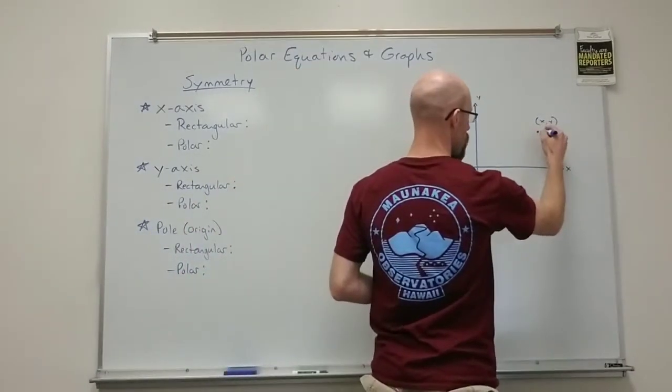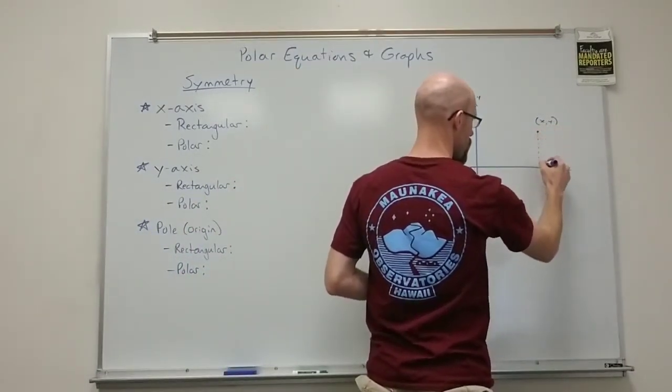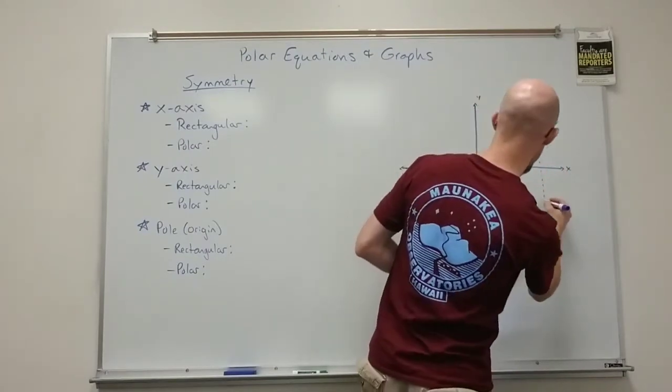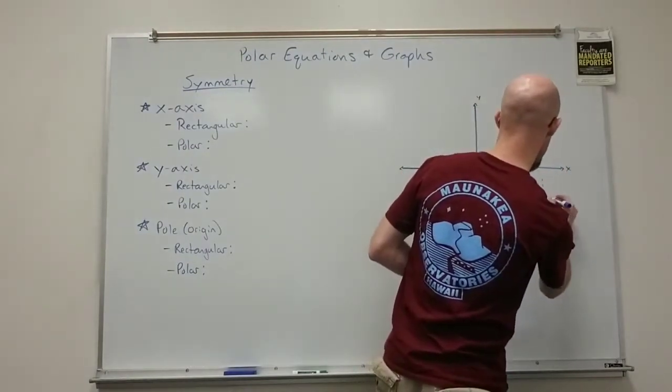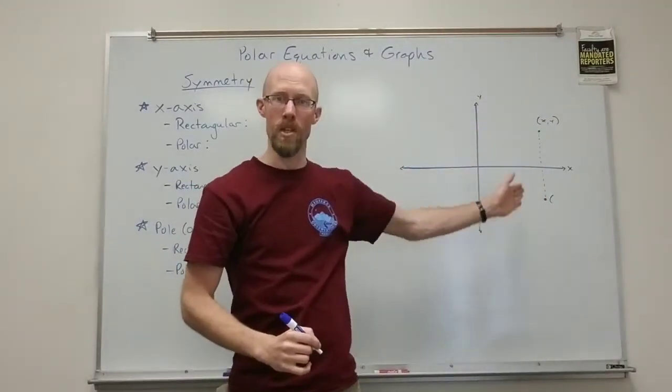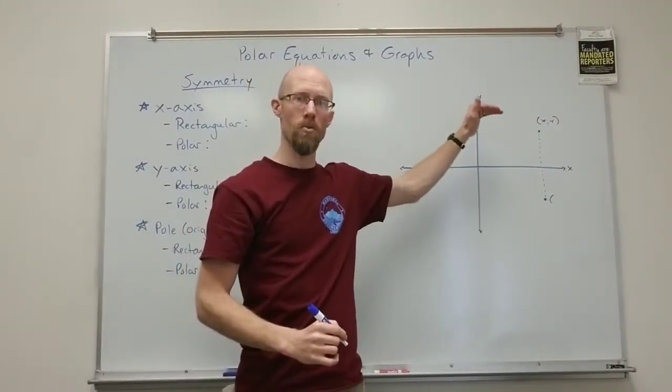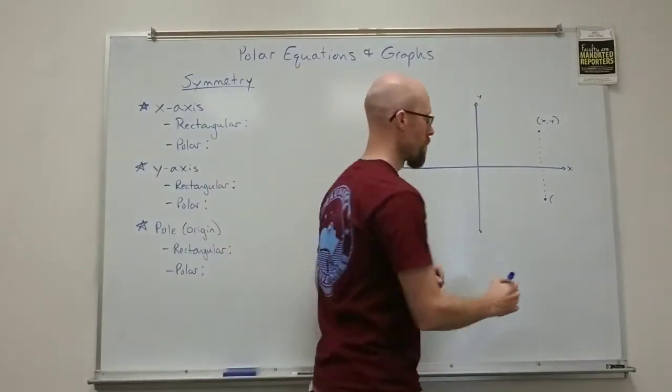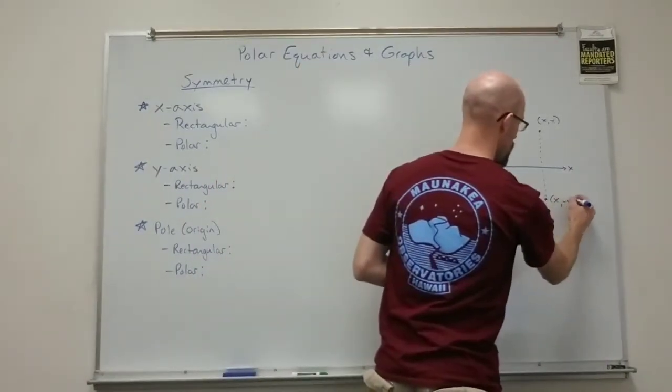So you would have to go perpendicular to the x-axis and the same distance away from the x-axis. The coordinates of that point would have the same x-coordinate, but the y value would be negative now, okay? So you'd have (x, negative y).